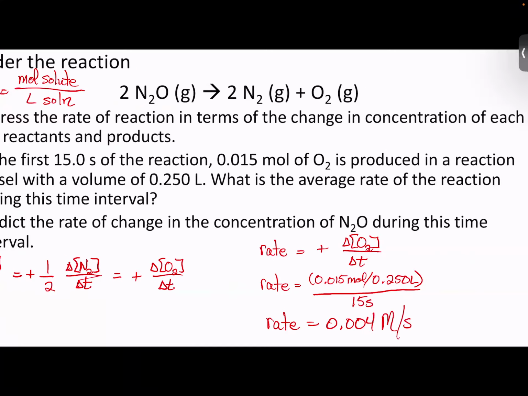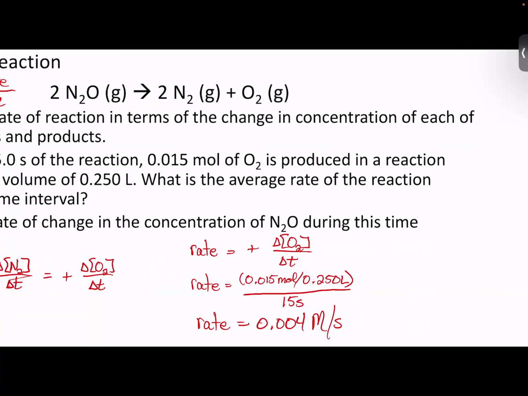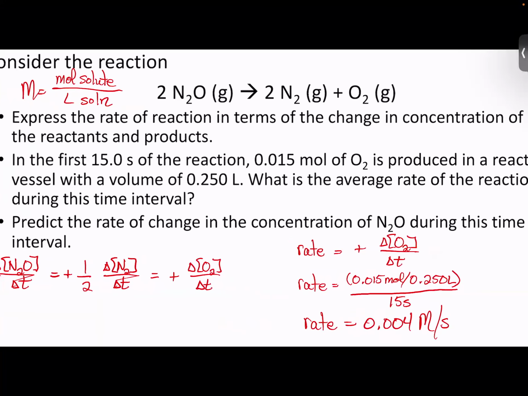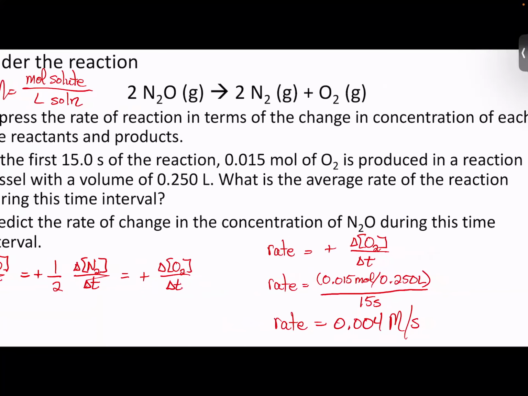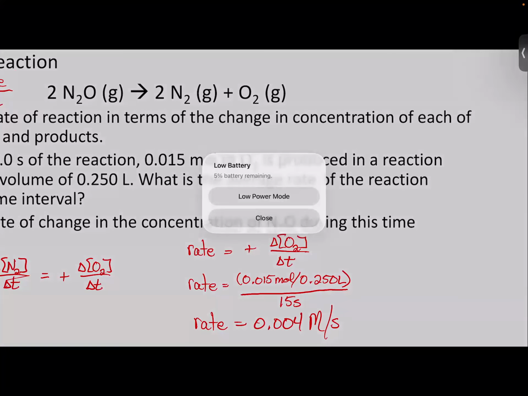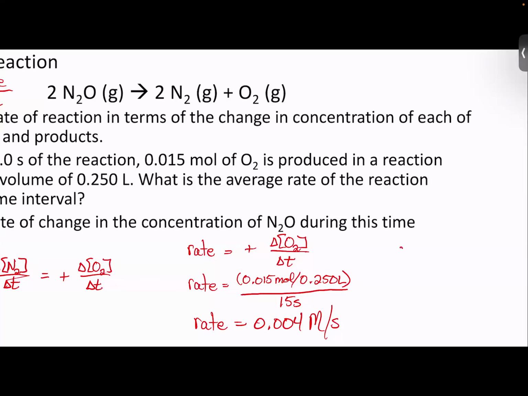Now, the last one asks you to predict the rate of change in the concentration of N2O. Rate equals a negative 1/2 the change in N2O concentration over the change in time. We just figured out the rate as 0.004 molar per second.